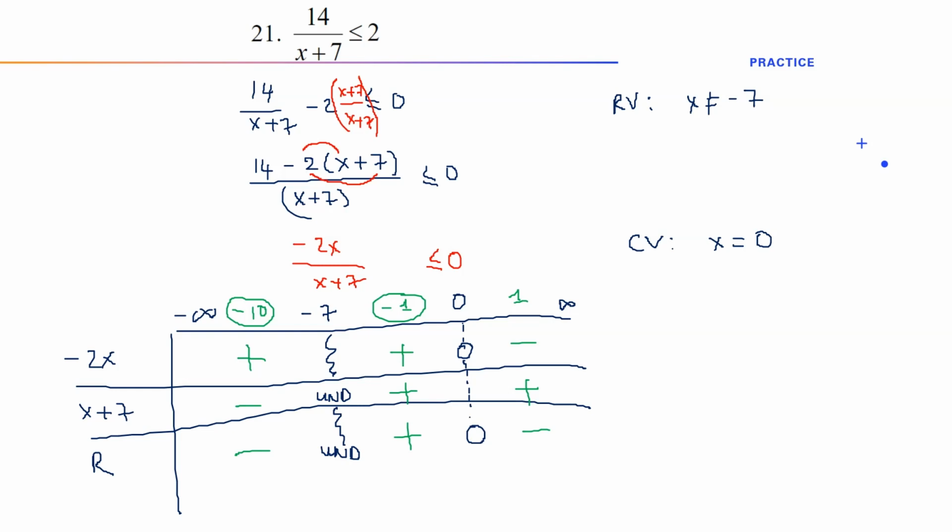And for the question, we want less than or equal to 0. It means it includes 0 and less than 0, so that's negative. So we open the parenthesis, negative infinity, and then negative 7, undefined. We want 0. Yes, we want 0, so that's 0, comma, infinity.